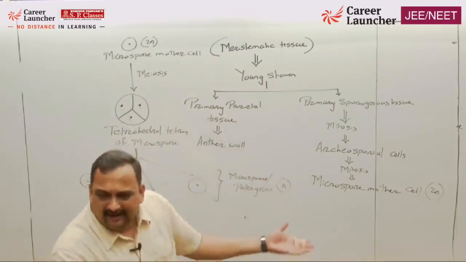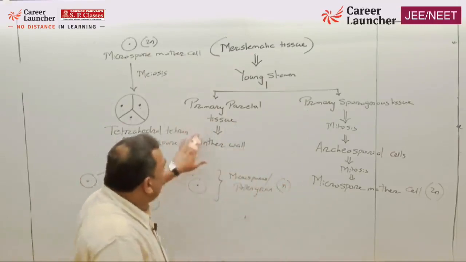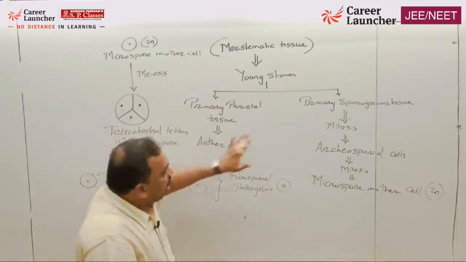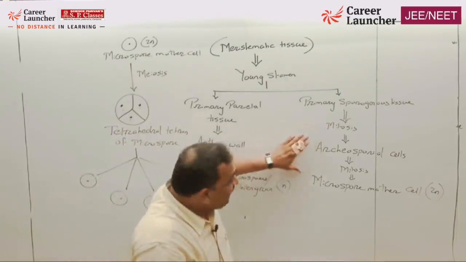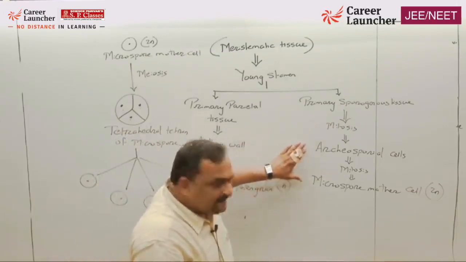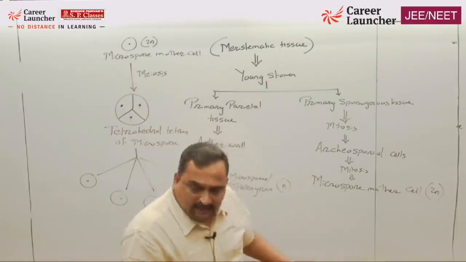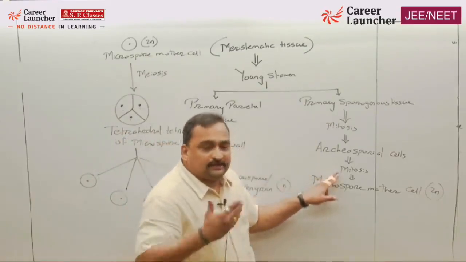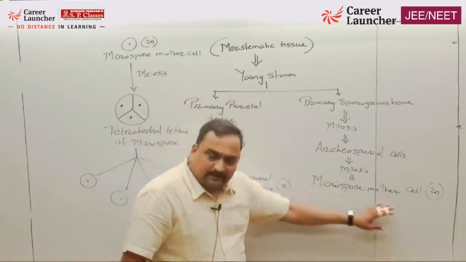You know parietal layer and visceral layer: parietal means outer, visceral means inner. So the outer one forms the anther wall, while the primary sporogenous tissue undergoes mitosis to form archesporial cells. These archesporial cells may directly act as microspore mother cells or they undergo mitosis, an equational division, and produce microspore mother cells.